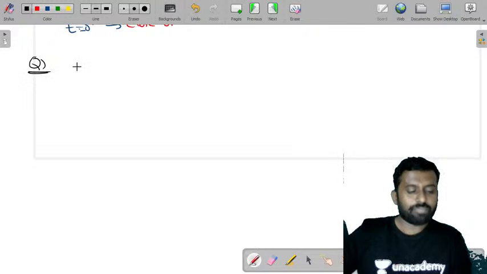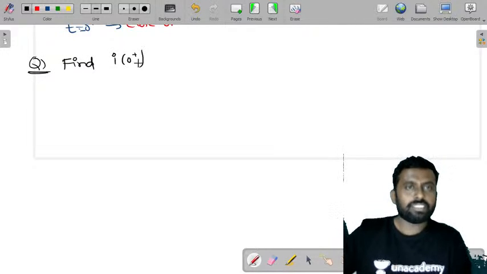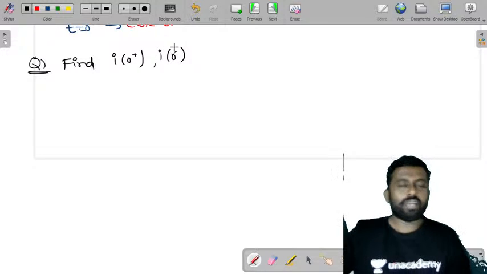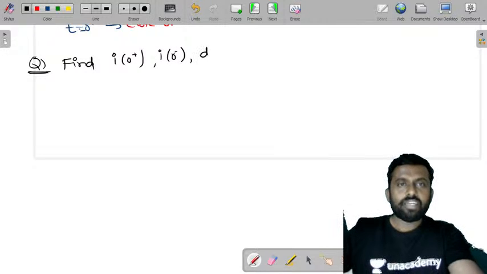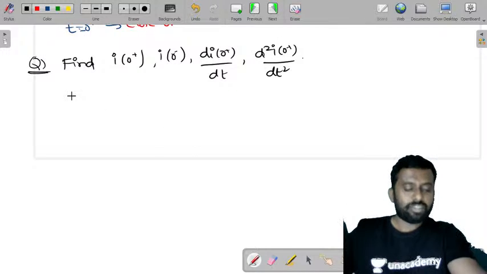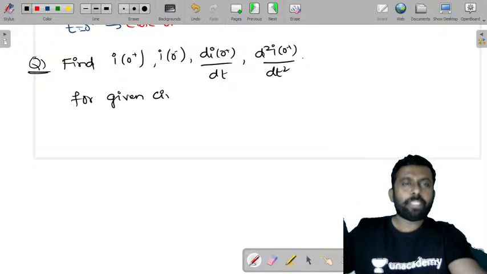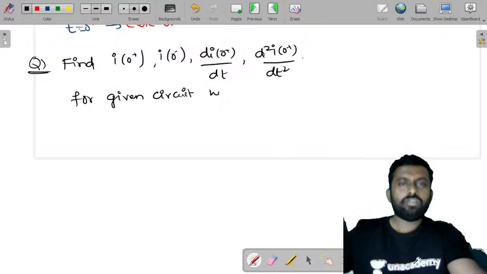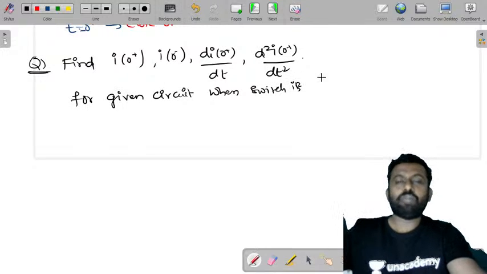The question is something like this: find I of 0 minus, I of 0 plus, di of 0 plus by dt, and d square i of 0 plus by dt square, for the given circuit when the switch is operated.